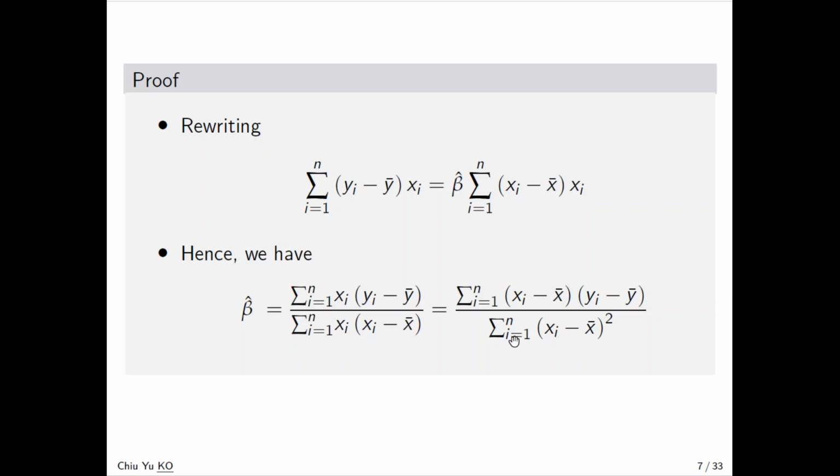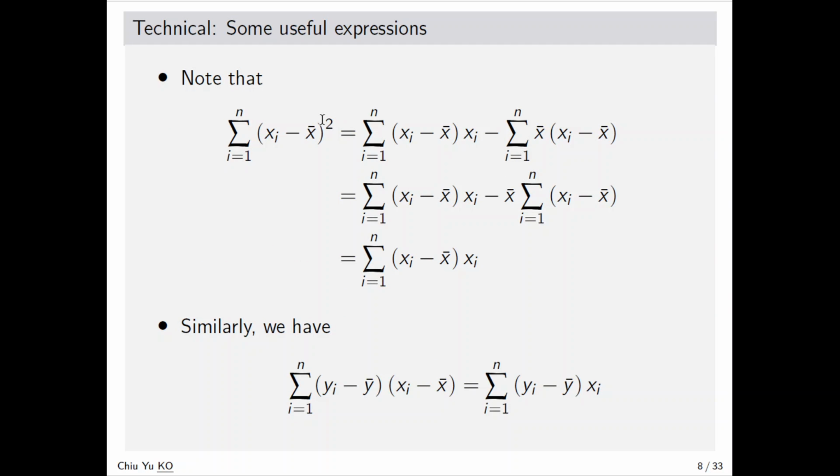So let's show you why we can rewrite the fraction in this way. Now look at this, the sum of xi minus x bar squared. What you can do is write it as xi minus x bar multiplied by xi minus x bar, and distribute it: xi times this, and x bar times this. Now x bar is a constant that doesn't change with i, so x bar can be taken out, leaving the sum of xi minus x bar, which will be 0, because you subtract this divided by n, which is actually x bar.